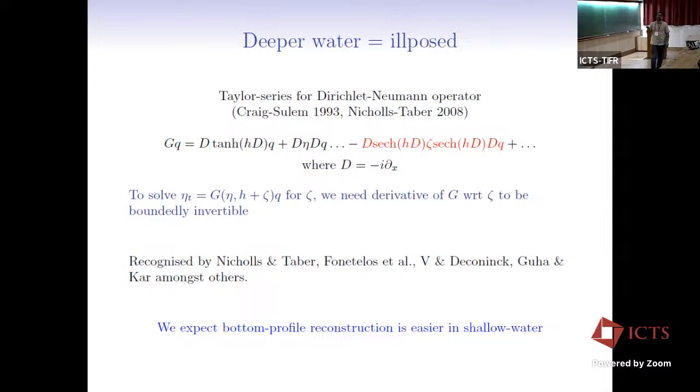Right? Same thing is happening here. So high wave number features of the bottom boundary are getting smoothened out as an effect. If I want to recover the high wave number features, I have to divide by this operator. That's going to be a bad thing. Okay. So we expect bottom profile reconstruction is easier in shallow water.